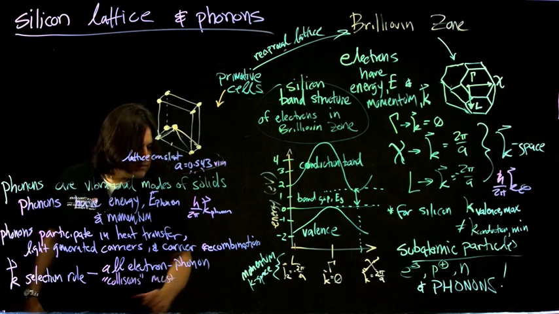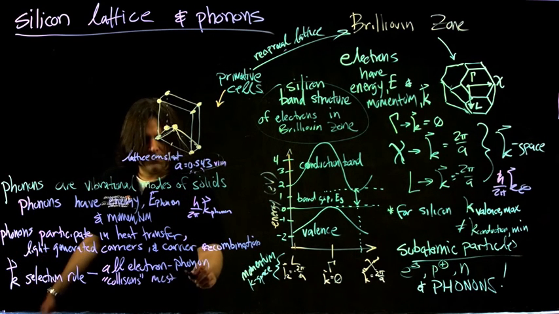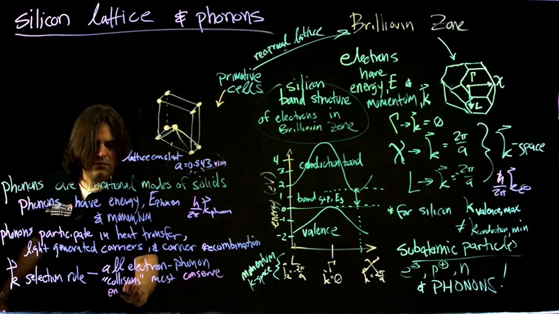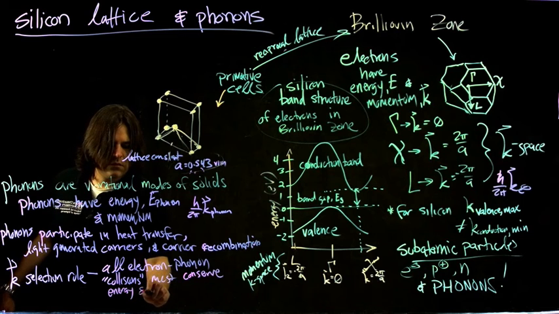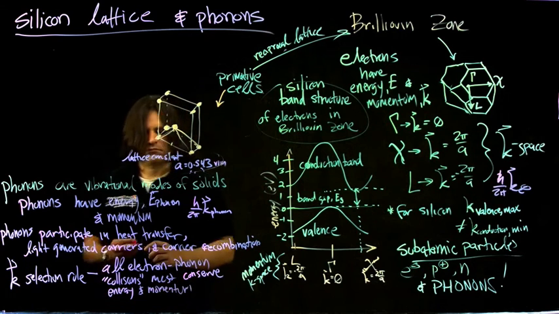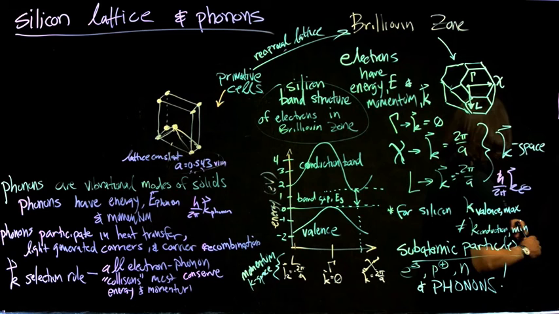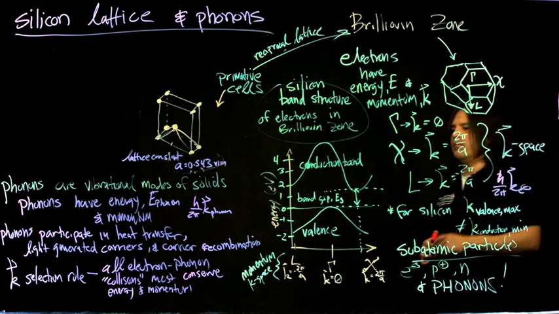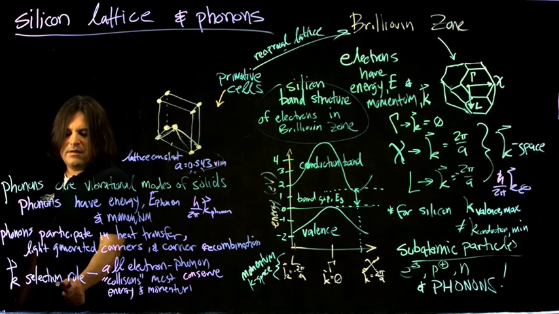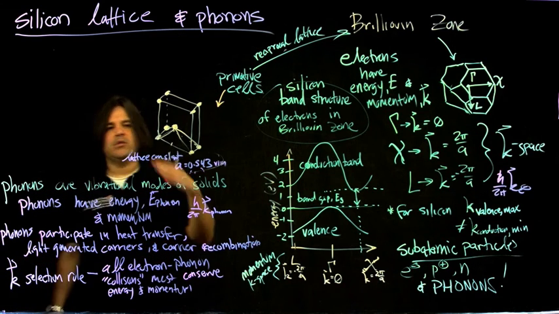So when you do that, you follow the conservation of energy and momentum. We all know about the conservation of energy and momentum, but the K selection rule is different in the sense that, to begin with, energy is quantized and momentum is quantized.